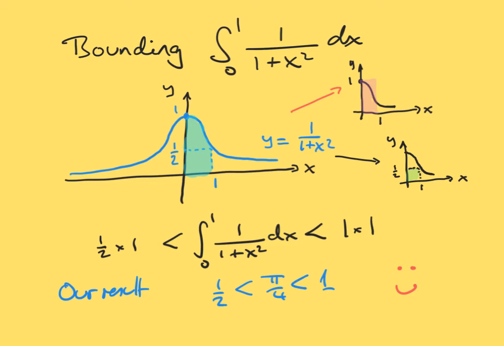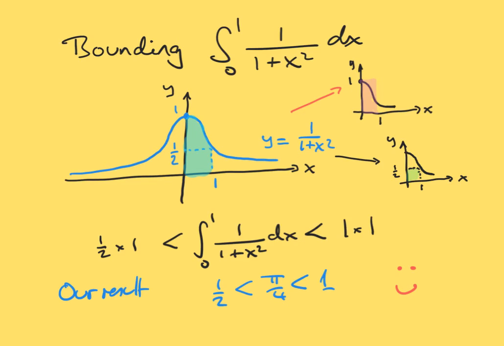So in this way we see that the value of the integral is less than 1 times 1, and it is greater than a half times 1. So the value of the integral is going to be between a half and 1. And on the previous slide we obtained pi over 4, and pi is a little bit bigger than 3.